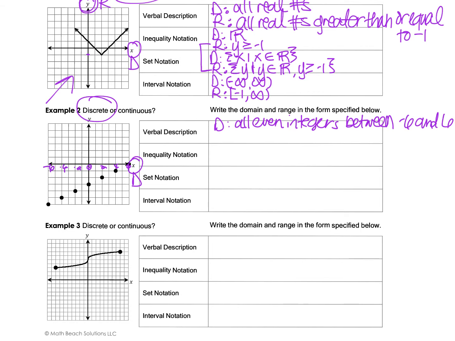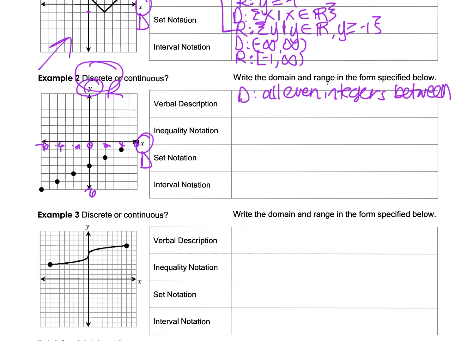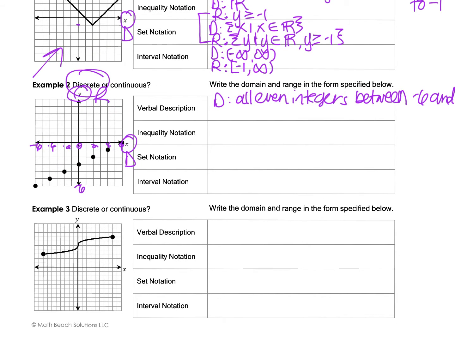Okay, so now let's look at the range, which is the y. Notice at the bottom here, that is -6. And then that would be -5, -4, -3, -2, -1, and 0, if you're looking at the y-axis.